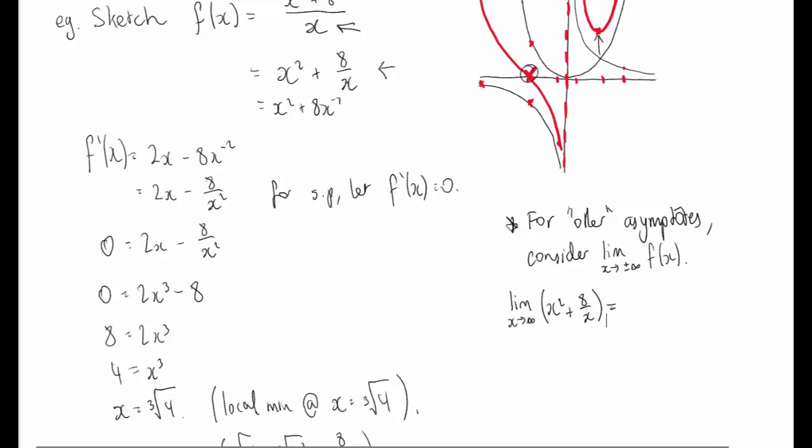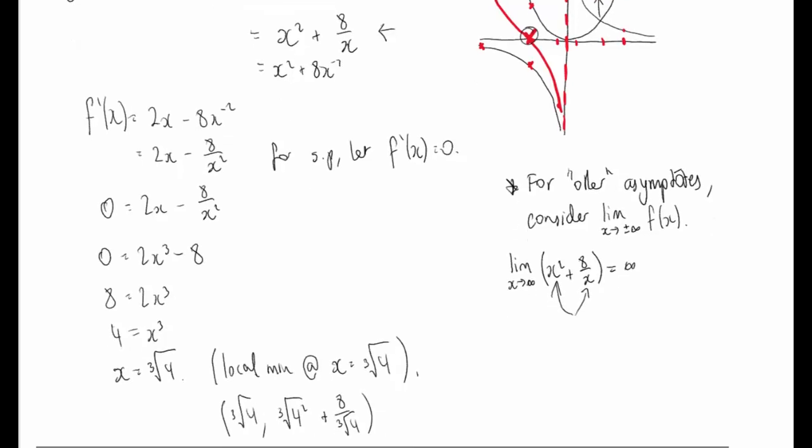I'm just thinking I want to do this a little bit differently. The limit is going to be infinity, but what we're looking at is what happens to each of these two terms. The x squared, if we sub in a really large number going towards infinity, is going to approach infinity even faster.